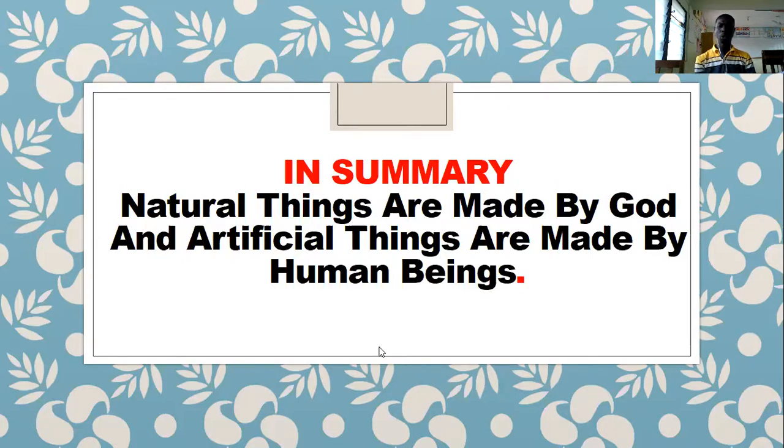So now take your book and write down 20 examples of natural things on your own. When you finish writing the 20 examples, draw 2 of them.